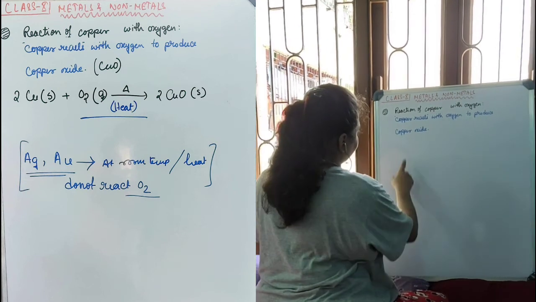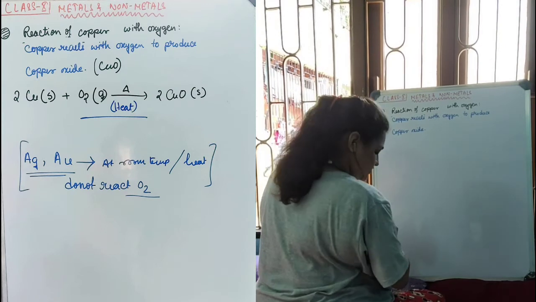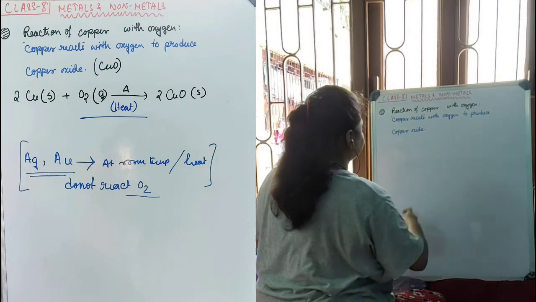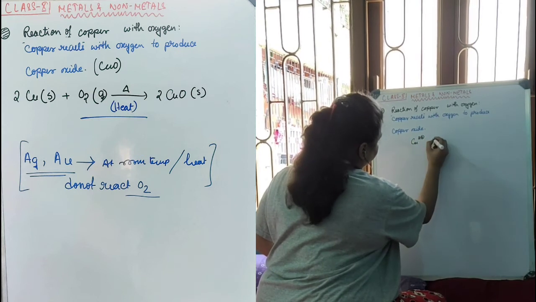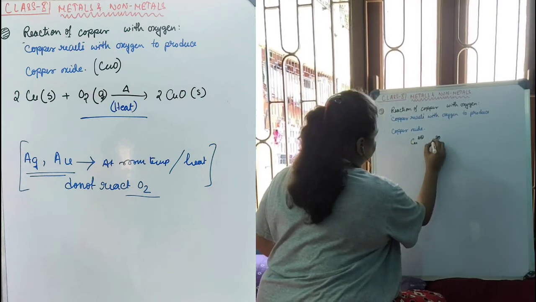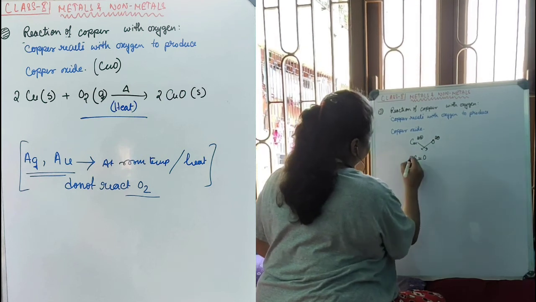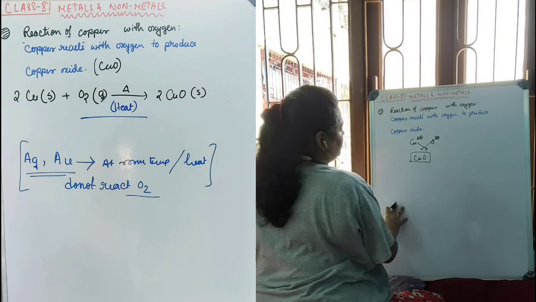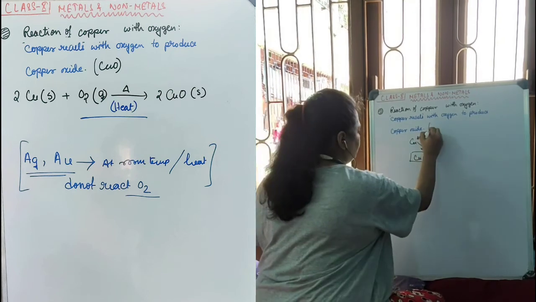Now, copper reacts with oxygen to produce copper oxide. The chemical formula of this can easily be found out. Copper in its 2 plus oxidation state reacts with oxide 2 minus. By interchanging their position, the chemical formula of copper oxide that is being formed is found to be CuO.